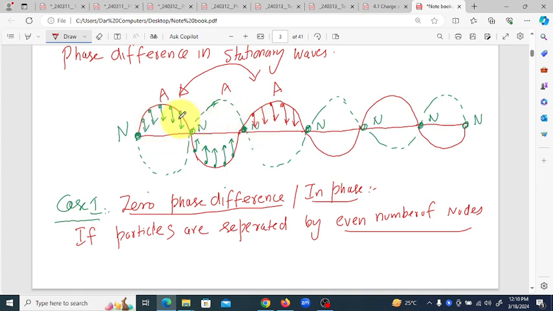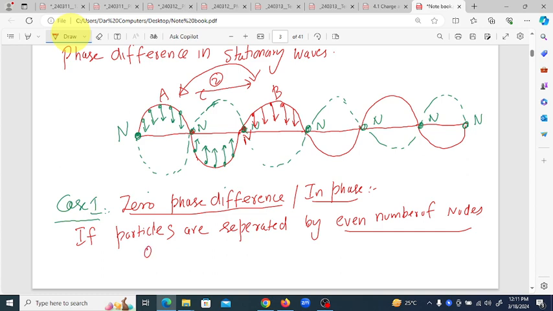So when you compare with the node difference, for example, I can compare this A point and this B point. When we compare A and B, in between we have 2 nodes. A difference of 2 nodes means an even number of nodes.